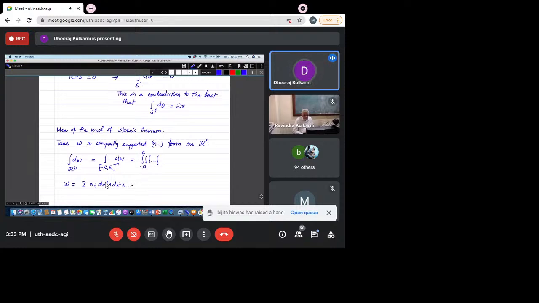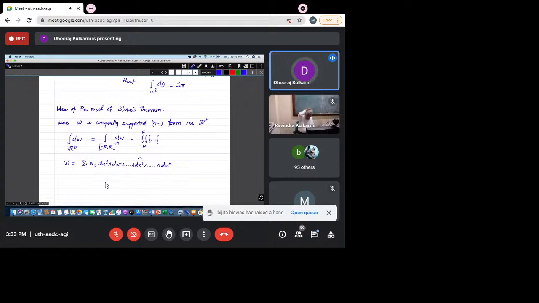n dimensional space, right? So we can make use of an interesting notation over here. The basis will be given by simply deleting some dxi. Many times you apply a hat on that in order to say that this term is deleted. And this sum is over i. So you have such a form.